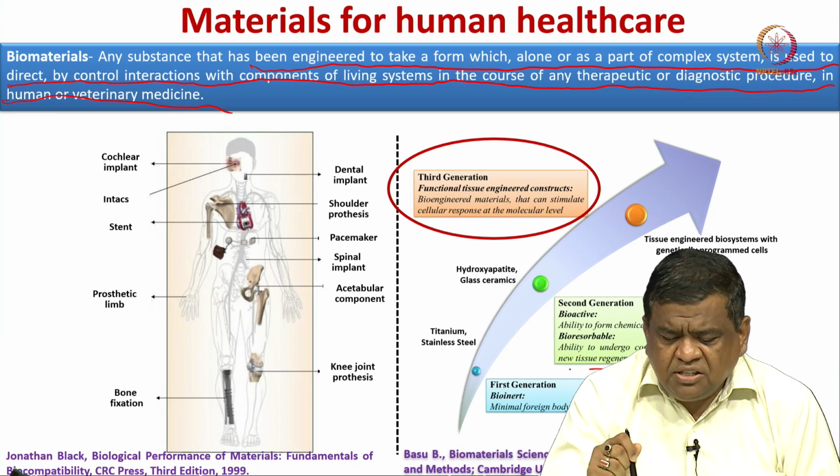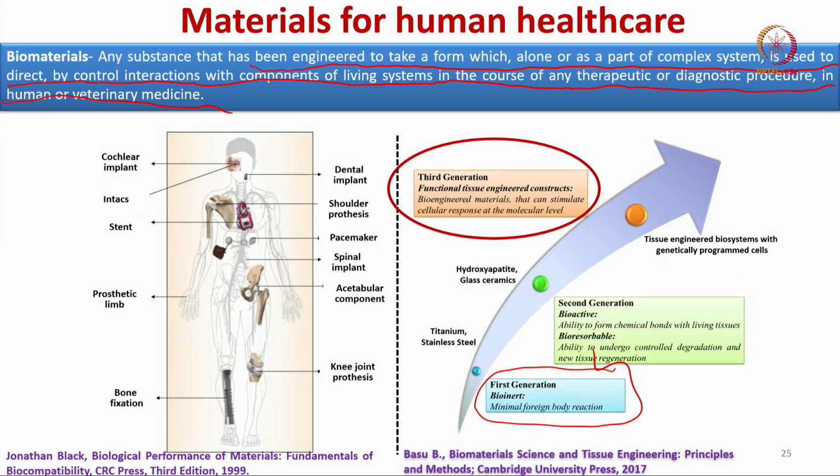What you see, first generation biomaterials, which are essentially bio-inert materials like stainless steel, titanium alloys and so on. So, these are what they call off the shelf materials. Off the shelf materials means these biomaterials are already available.